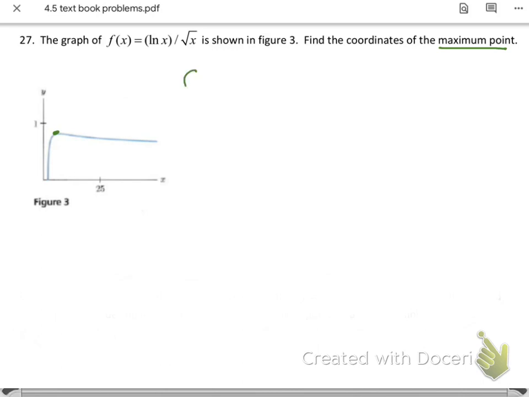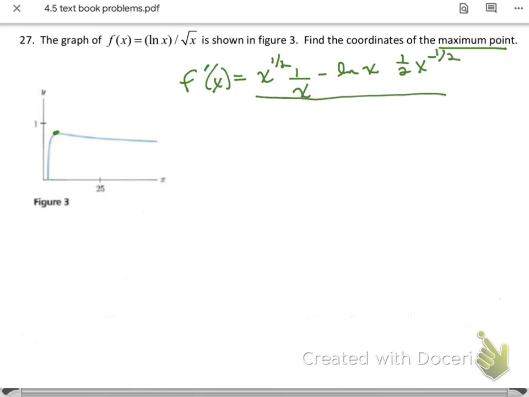Okay, so let's take that derivative. So this is going to be low, which is x to the 1/2, d high, which is 1 over x, minus high, natural log of x, d low, which will be 1/2 x to the negative 1/2, all over radical x squared, which is just going to be x.